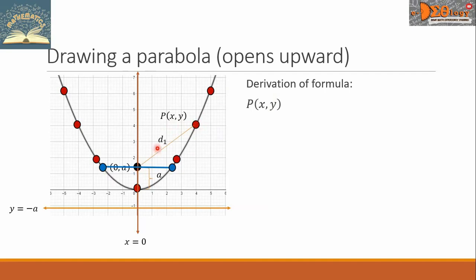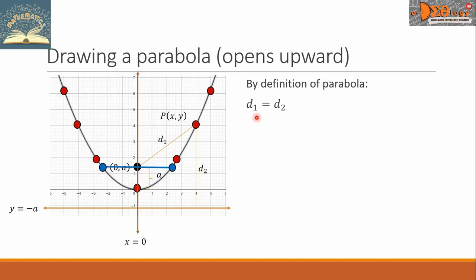We denote this as d sub 1. And then we take the distance from the moving point to the directrix. We denote this as d sub 2. By definition of parabola, d sub 1 equals d sub 2.